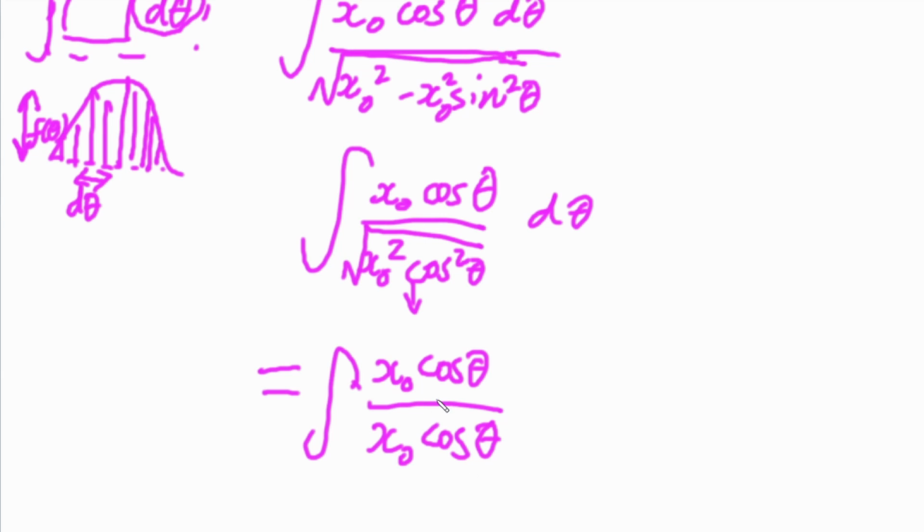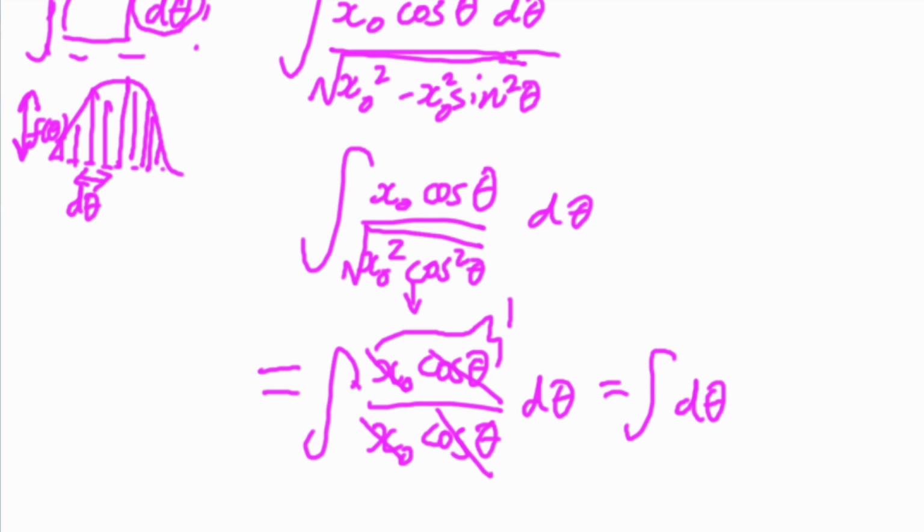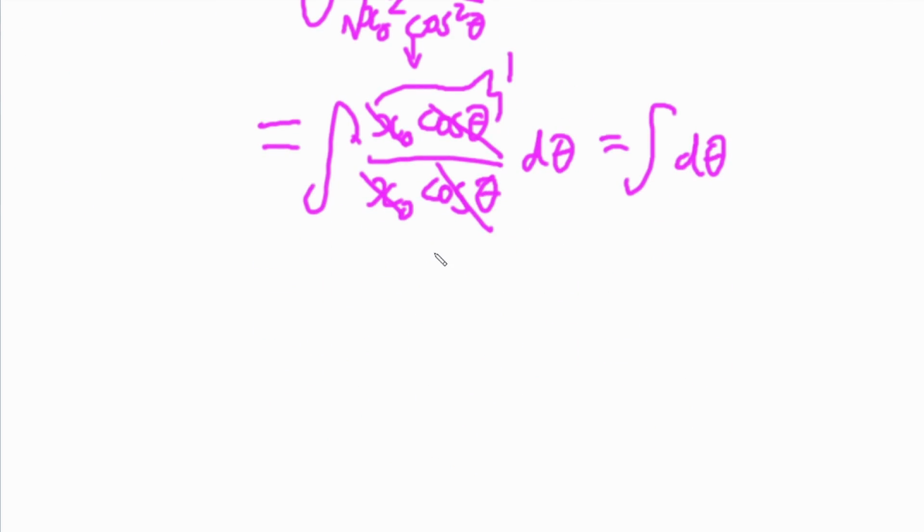So happily, both factors on the numerator cancel out with both factors of the denominator, and all of that is multiplied by d theta. So if this fraction simplifies down to just 1, then it's the integral of 1 with respect to theta. Because there's nothing multiplied by d theta, you're just summing up all the tiny changes in theta, and of course that's going to get you to theta. This is equal to theta plus c, because it's an indefinite integral and we can't forget the plus c.